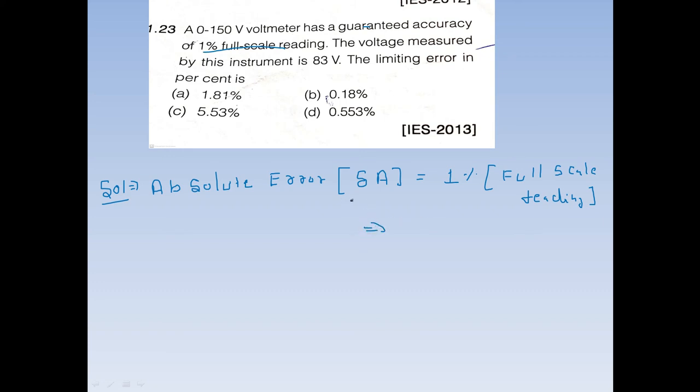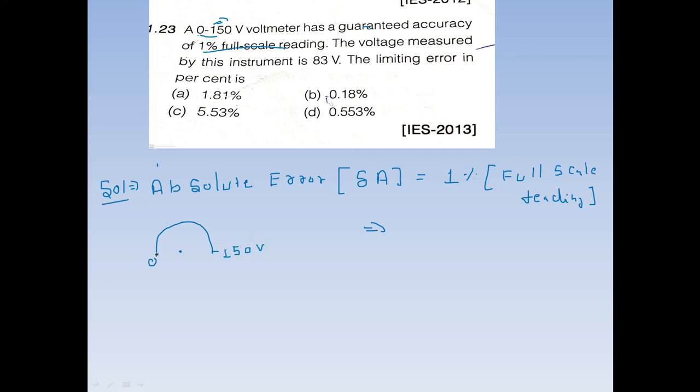So what is the full scale reading here? This 0 to 150 volt is our full scale reading. It means that, let's suppose this is a voltmeter and the start is denoted by 0 and the last final indication is denoted by 150 volt.